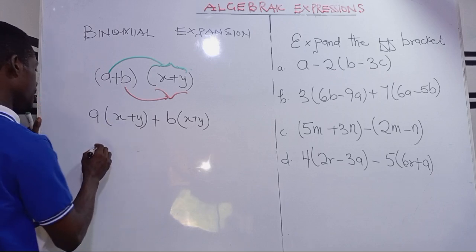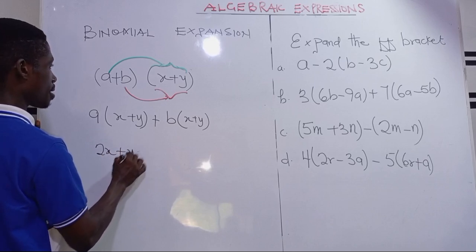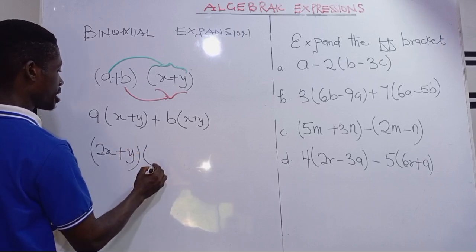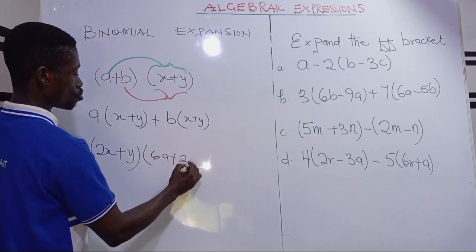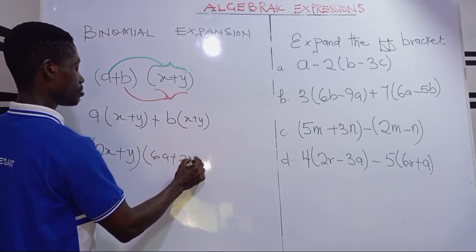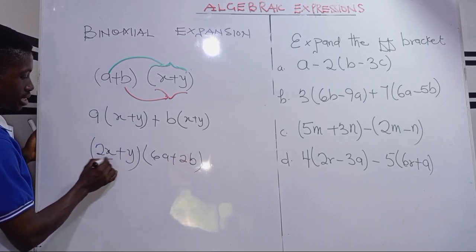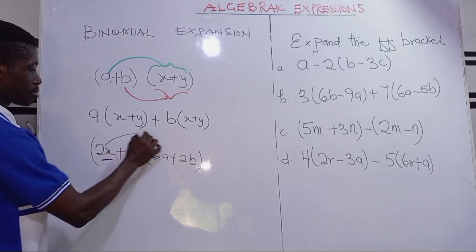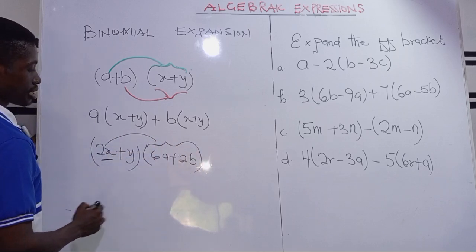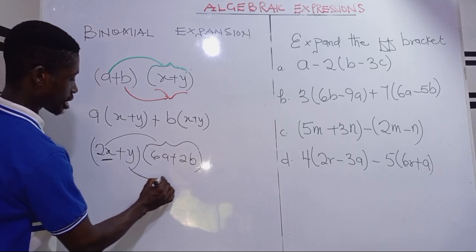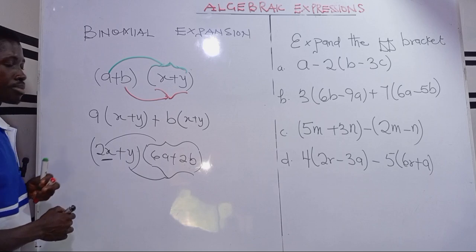Similarly, when you have, let's say, 2x plus, let's say, y multiplying, let's say, 6a plus, let's say, 2b. So we are going to use this term to multiply the whole of the second bracket, and then we use the second term to multiply the whole of the second bracket.